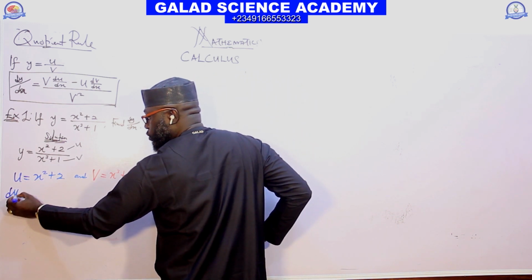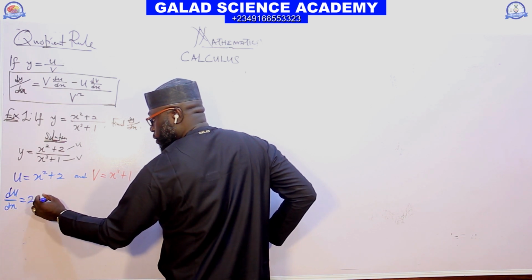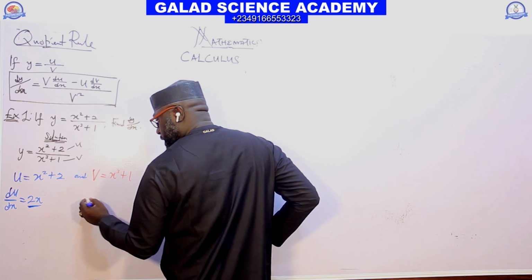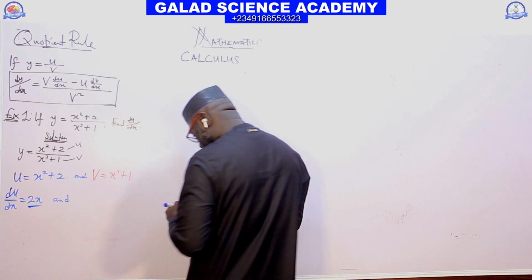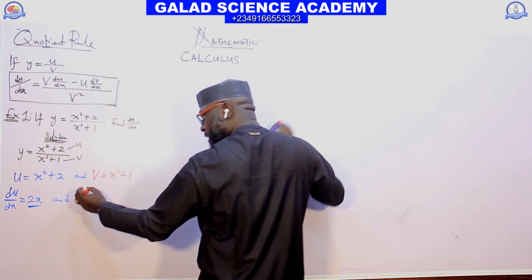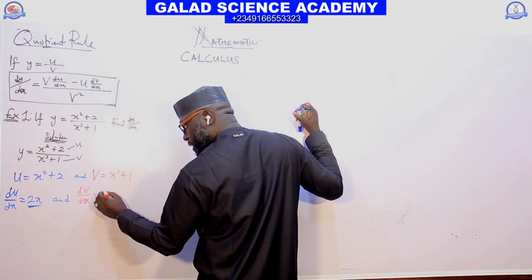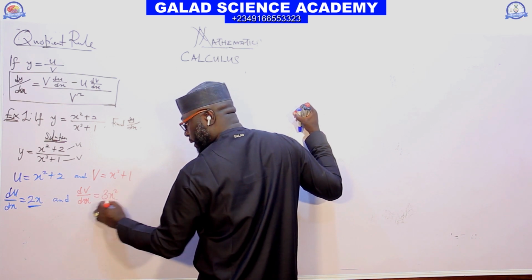Differentiate u, we have du/dx should be equal to 2x. And dv/dx will be 3x squared.